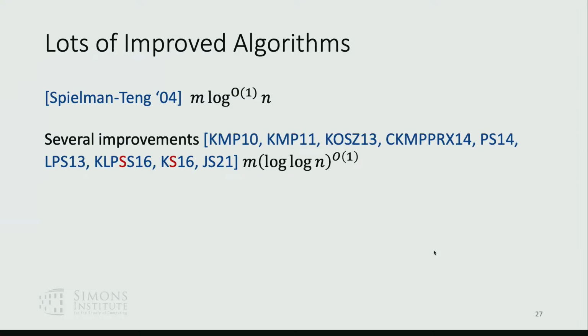So Spielman and Teng originally gave an algorithm that had a large unspecified number of logs, which was estimated around 70. Over the almost 2 decades since, there have been a sequence of works by many people, also in the audience here. And finally, Arun and Aaron in 2021 achieved an algorithm with a running time of m poly log log. There's not even a log n term.